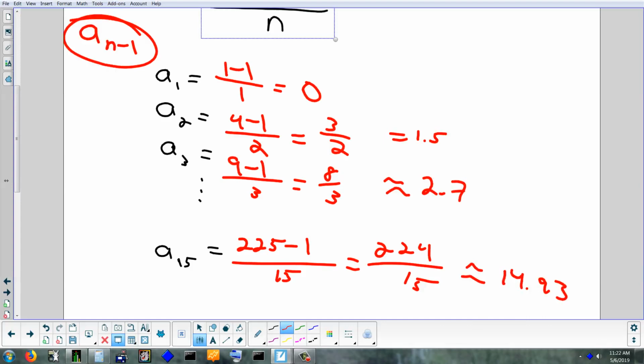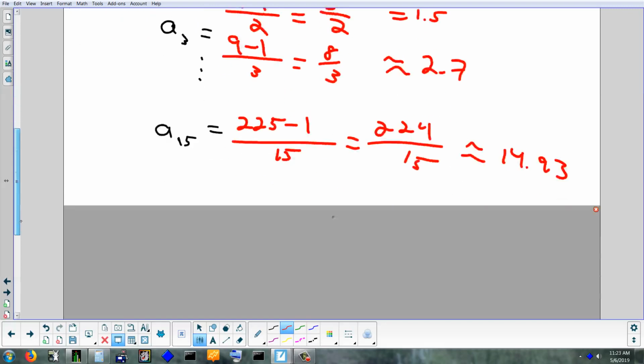What's happening to the terms in this sequence? As the position gets higher and higher, does anybody see what the pattern is? There's a relationship between the term you get and its position in the sequence. Let's do one more.